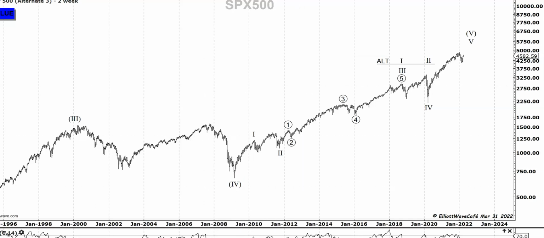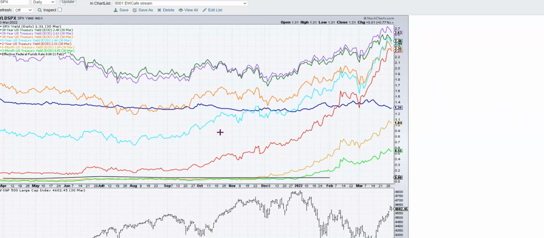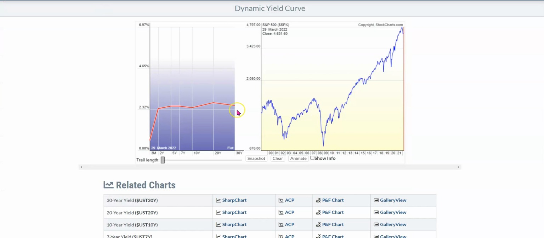So let's take a look at the yields in here. The yield curve is basically an upsloping line, and I'm going to take you to this dynamic yield curve. It basically shows you that for shorter duration maturities, for the 3-month, 6-month, 1 year, 2 year, the government usually pays you less in interest when you lend the money versus lending the money for a much longer time.